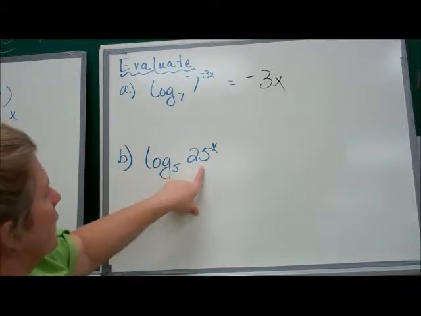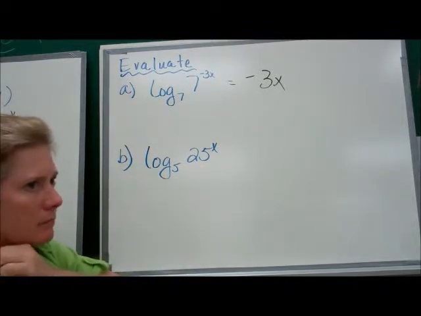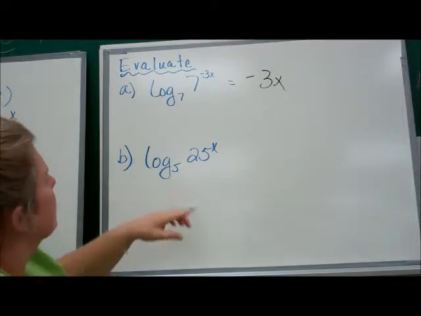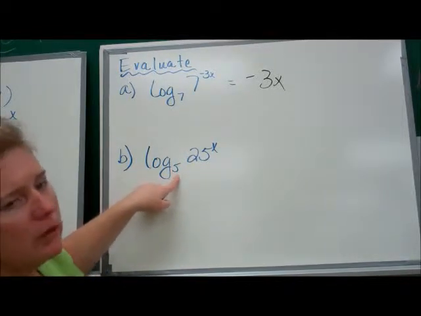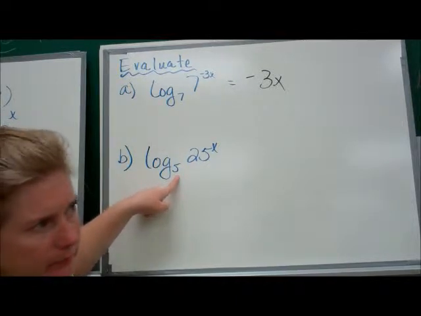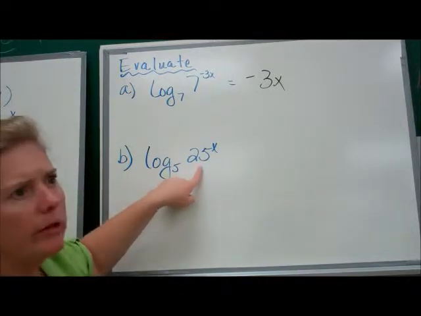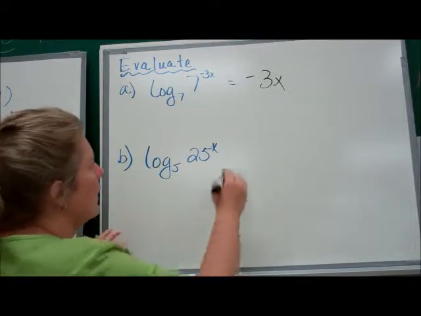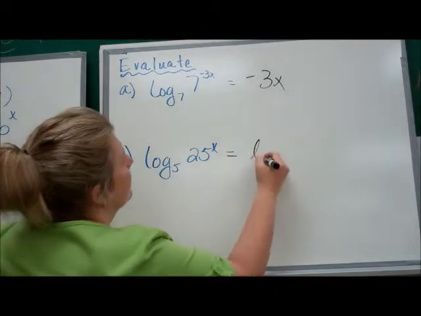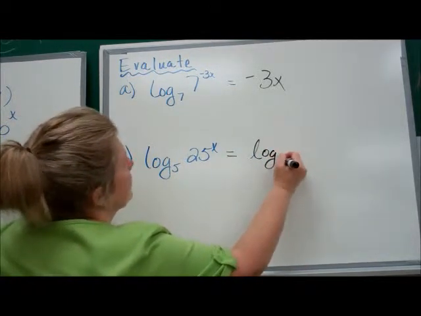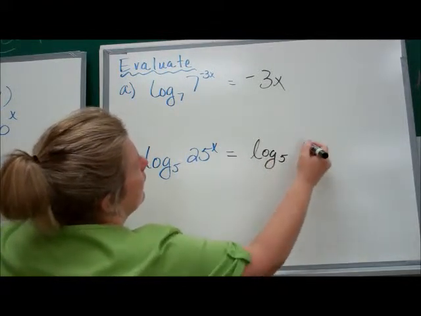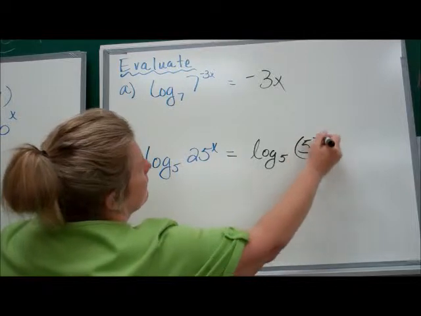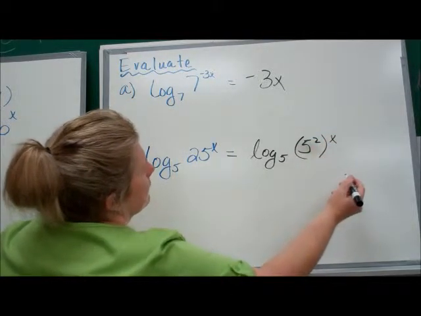Log base 5 of 25 to the x. Well, this one's kind of interesting. 5 to what power is 25 to the x power? Well, I know that 25 is 5 squared, right? So let's rewrite that a little bit. Log base 5 of 5 squared to the x power.